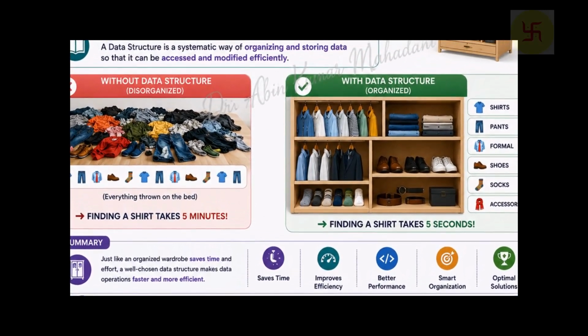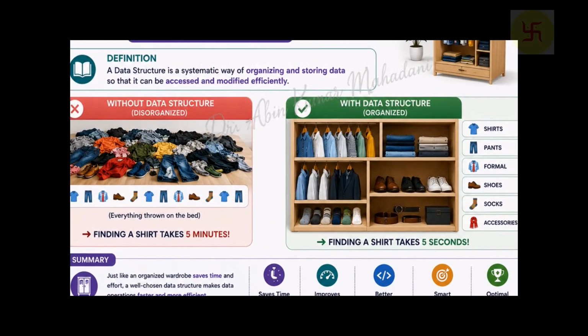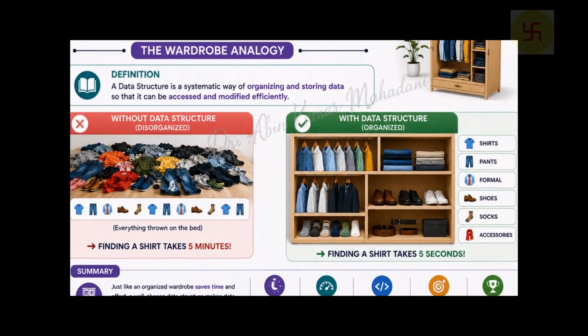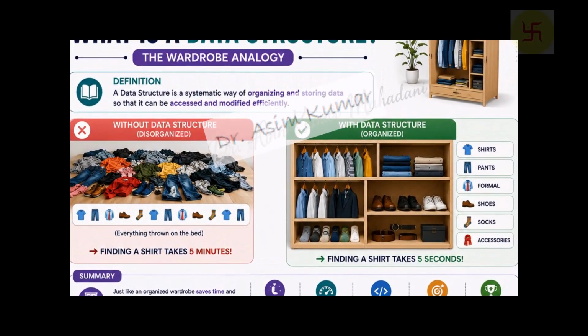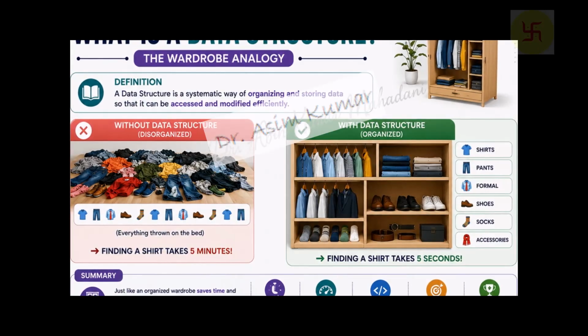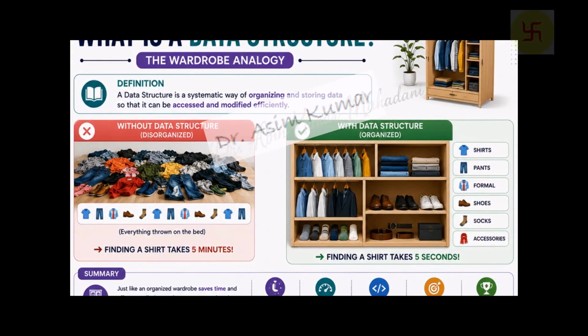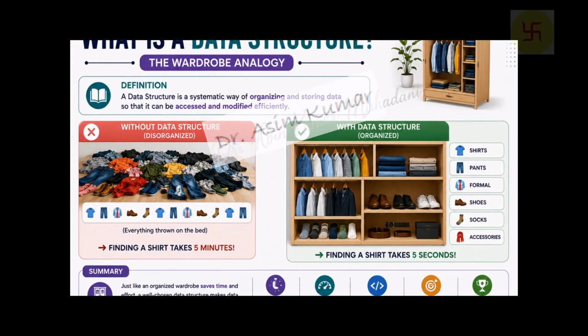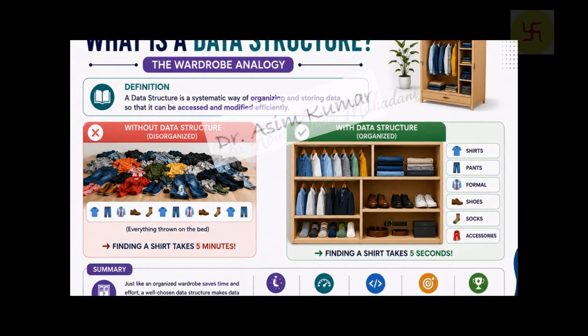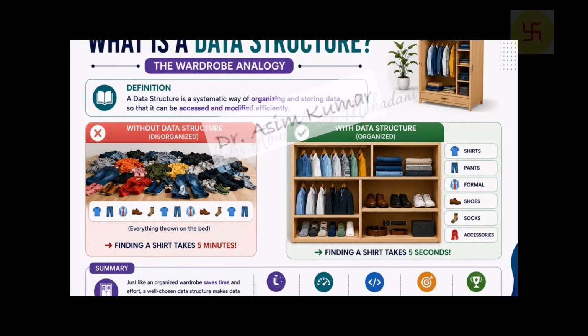So remember, a good data structure organizes data in a smart way, making it easier to access, modify, and process. And throughout this course, we will learn different ways of organizing data and understand which data structure is best for which problem.